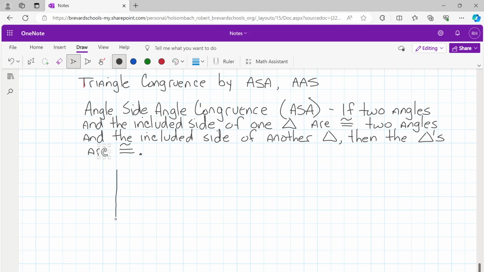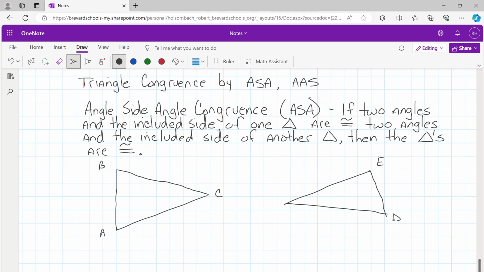And what we mean by that is if we've got this triangle ABC and the second triangle, EDF, angle side angle.